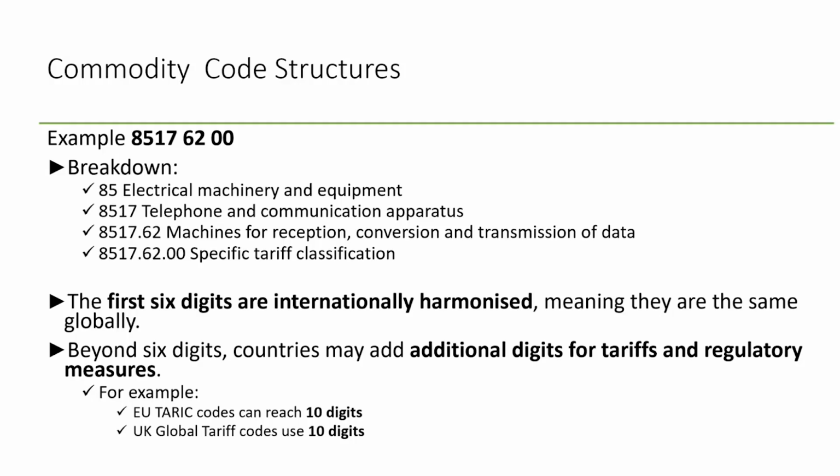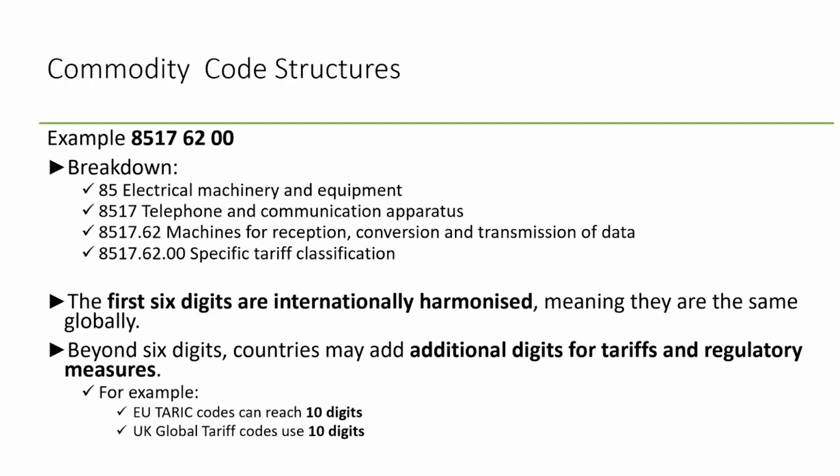And then 85176200 is the specific tariff classification. So the last part of it, after the first 6 digits, which are the same in any country in the world, right? They're part of the Harmonized System. So any country that signed up to the World Customs Organization, which is most trading countries in the world, the first 6 digits will not change.